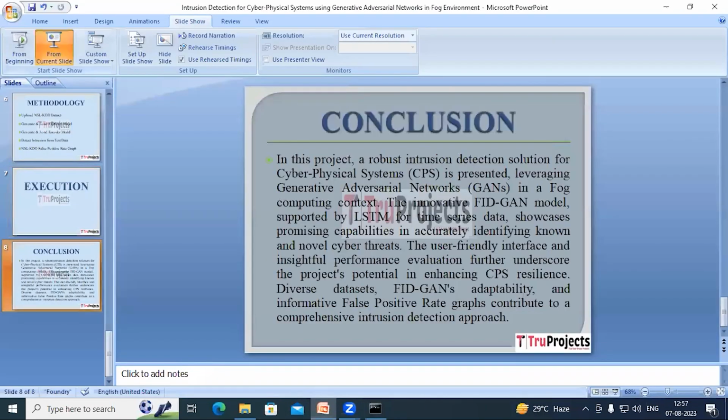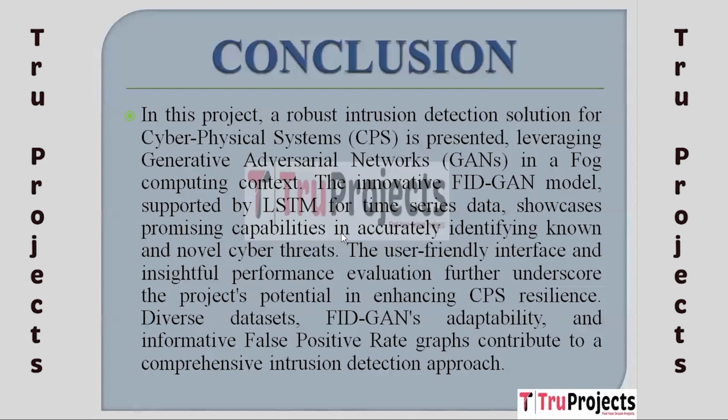The conclusion here is this project uses generative adversarial networks GANs in a fog computing context to present a reliable intrusion detection solution for cyber physical systems CPS. The cutting-edge FIDGAN model, which uses LSTM for time series data, demonstrates promising abilities in precisely classifying both well-known and undiscovered cyber threats.